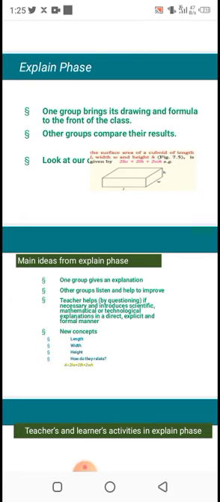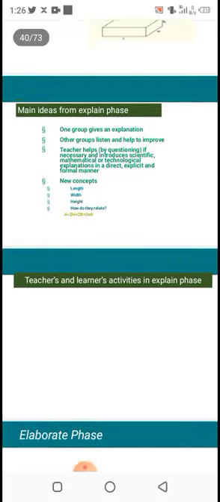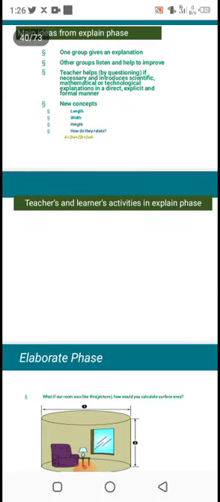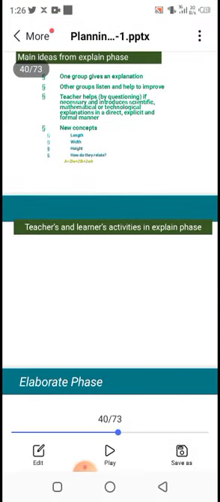Here the teacher helps by questioning if necessary and introduces scientific, mathematical, technological explanation in a direct, explicit and formal manner. Okay, let's continue with teachers and learners activities in the explain phase.